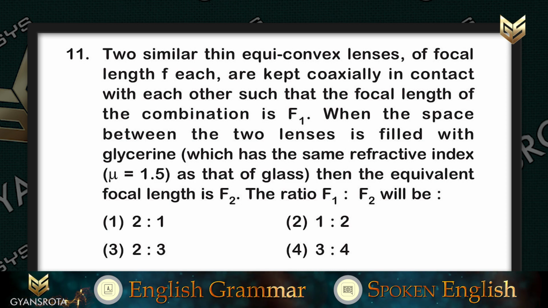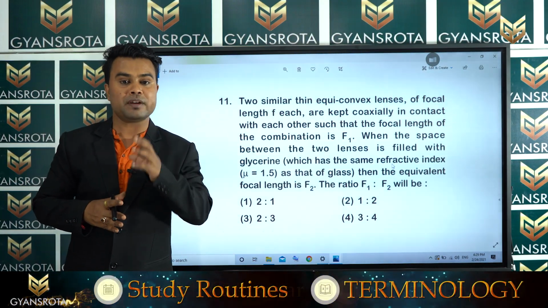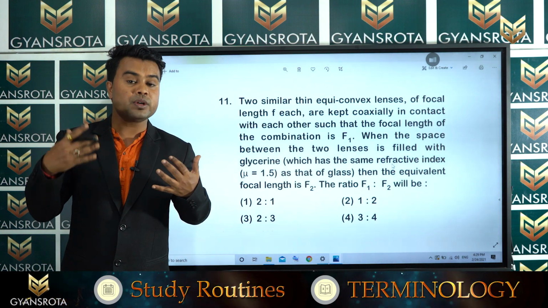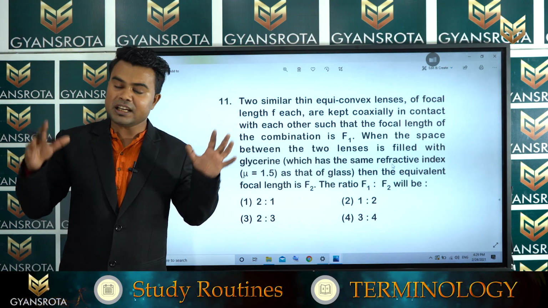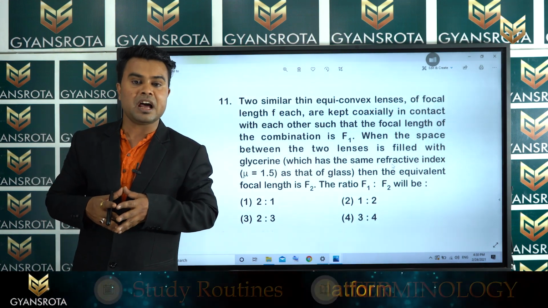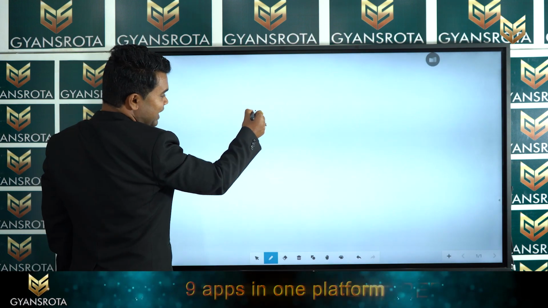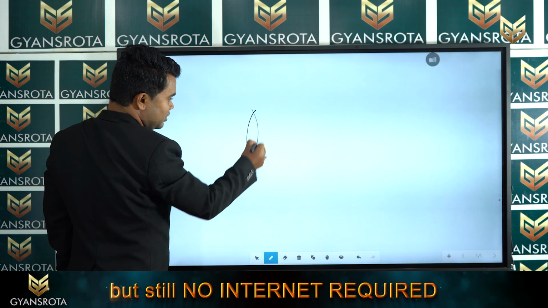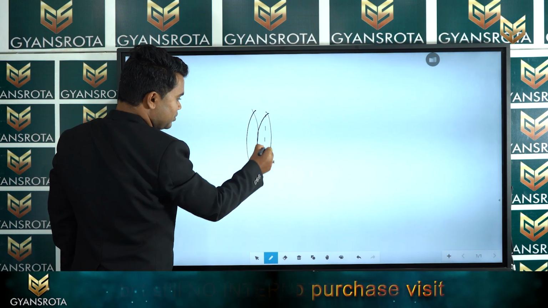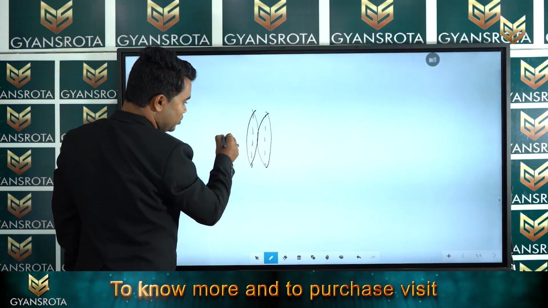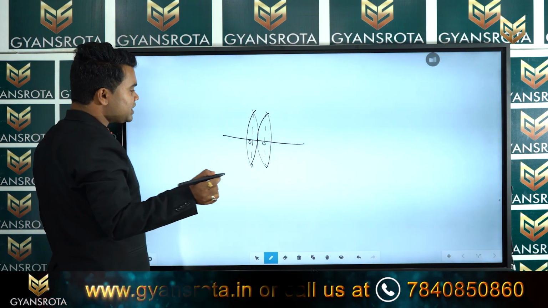Now what will be the equivalent focal length when the glycerin is put in between the two lenses? That is what we have to calculate, and then we need to find the ratio f1 divided by f2. How are you going to approach this numerical? Let us see. When I had two lenses in contact with each other, coaxial, there is an optical center O. Now what was the combination?